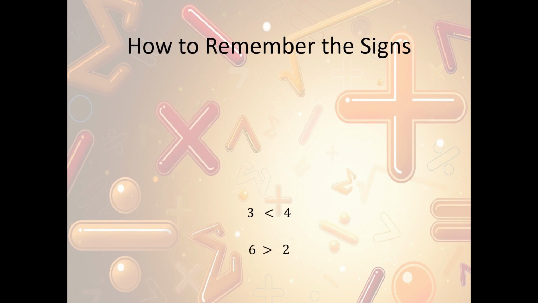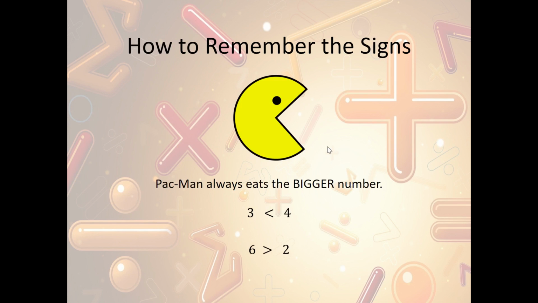Now, how can we remember the signs? The easiest way I remember the signs is Pac-Man. So we have Pac-Man here. And Pac-Man's rule is Pac-Man always eats the bigger number. So if you notice, Pac-Man's mouth forms that arrow shape that we just talked about. So it forms the symbol. So if Pac-Man is always eating the bigger number, then we can recognize the way that we can state the symbols.